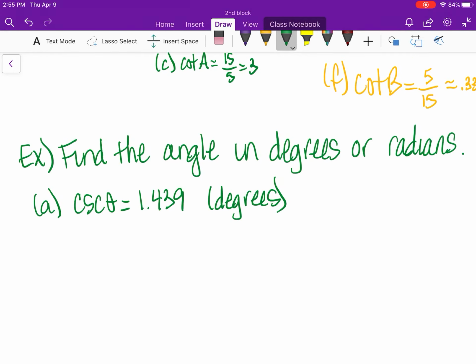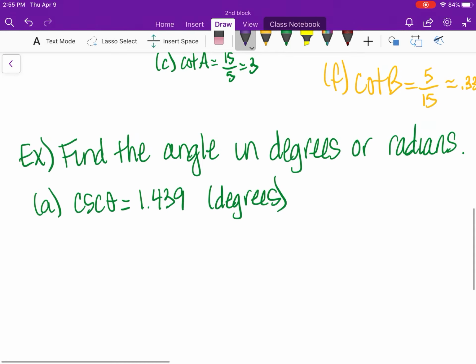Now, cosecant is the reciprocal of which function? Okay. So when I put this in my calculator, since cosecant's the reciprocal of sine, then I can also think of this equation as the sine of theta is equal to 1 over 1.439.